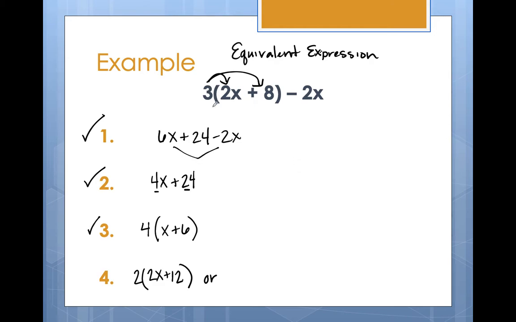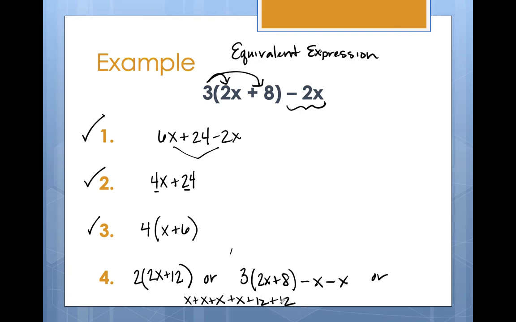So you could take the original problem and rewrite everything the exact same way as it was written, but where it says minus 2x, you could write that as minus x minus x. That's equivalent. So minus 1 and minus 1 makes a minus 2. You could write it like that. You could take the 4x plus 24 and write it as x plus x plus x plus x plus 12 plus 12.